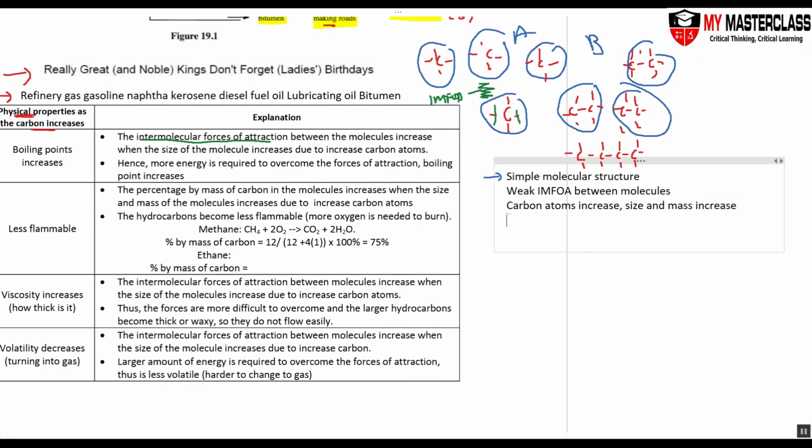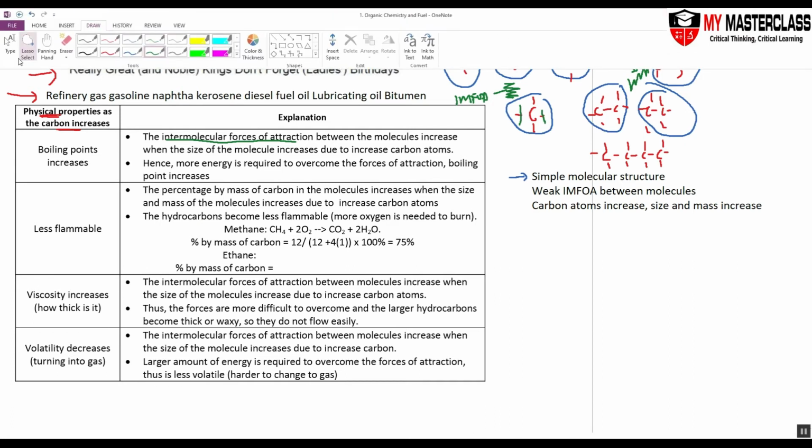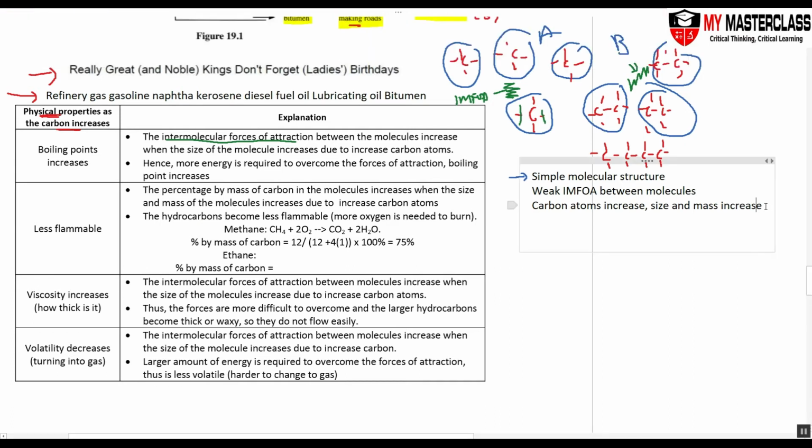So when your size and mass increase, what will be changed? This will affect the IMFOA. So it's like a magnet. If I have a small magnet to a small magnet, the attraction, I can break it very easily. But if I have two very big magnets and I try to separate them, the magnetic strength is so strong that it is harder to separate them. So when your size and mass increase, what happens to the IMFOA?